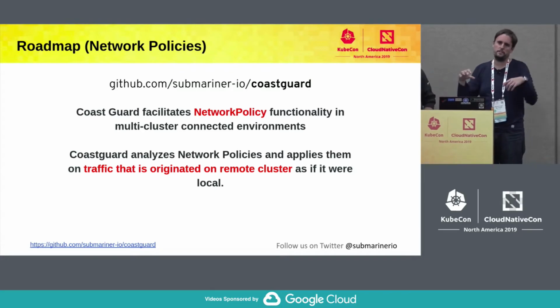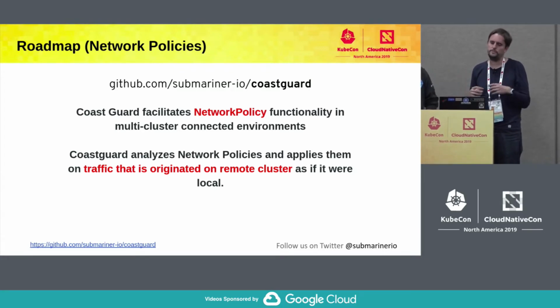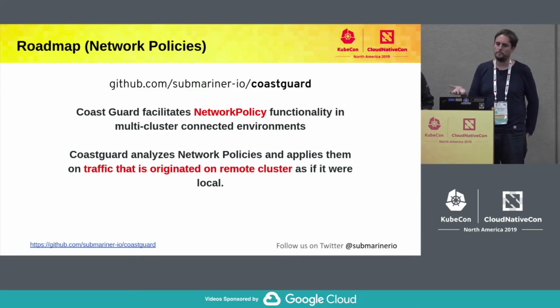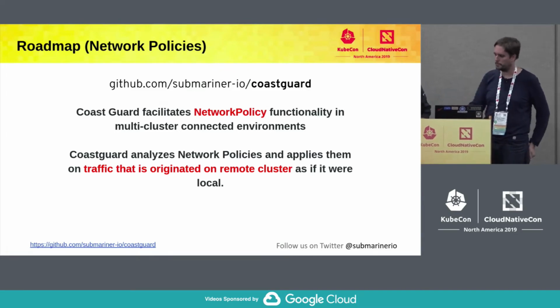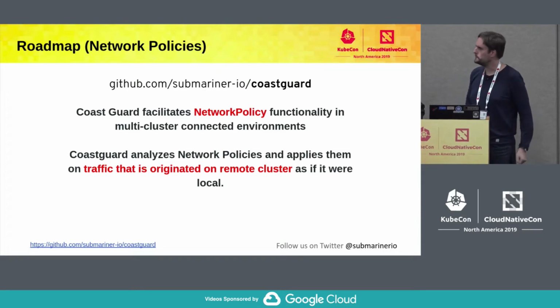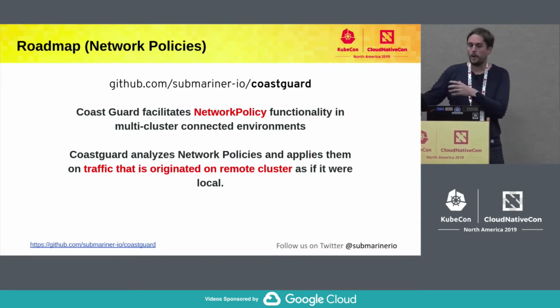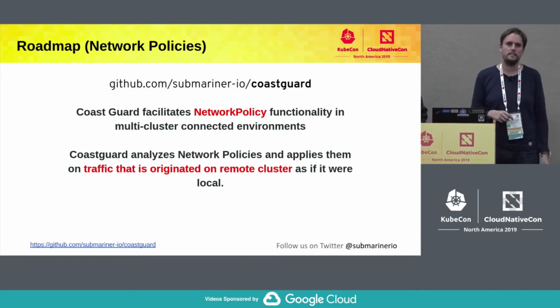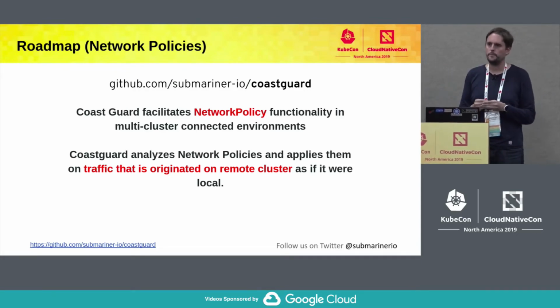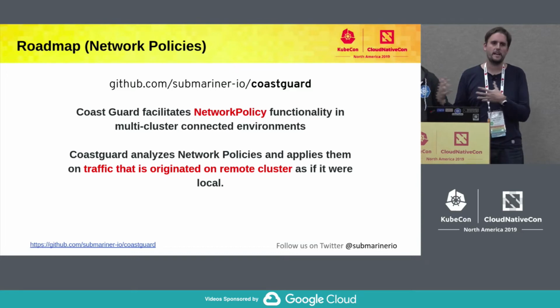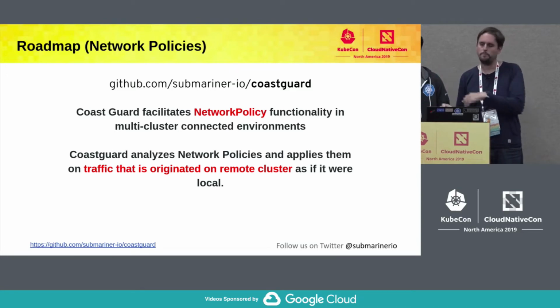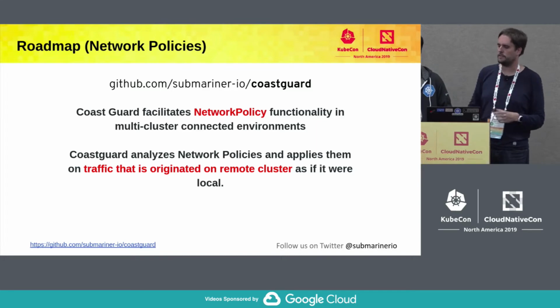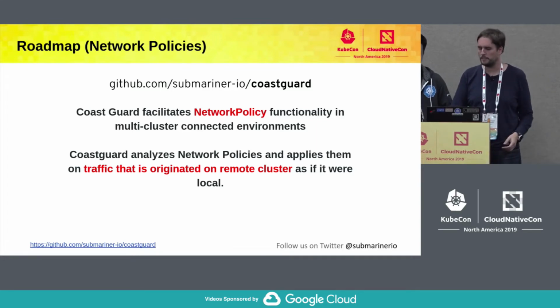If you are connecting your clusters, it's really important that you take care of security, and network policies are for that. The problem with network policies is that the network plugin in one cluster does not know about the pods in the remote cluster. So we need to put some mechanism in place to let the local network plugin of that cluster know about the remote pod IPs.